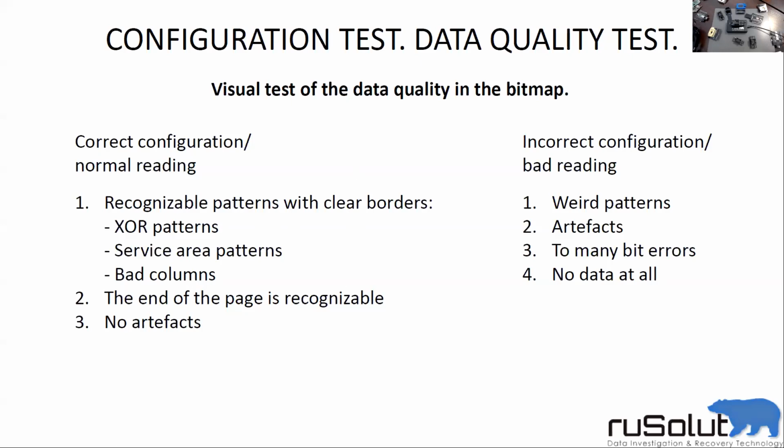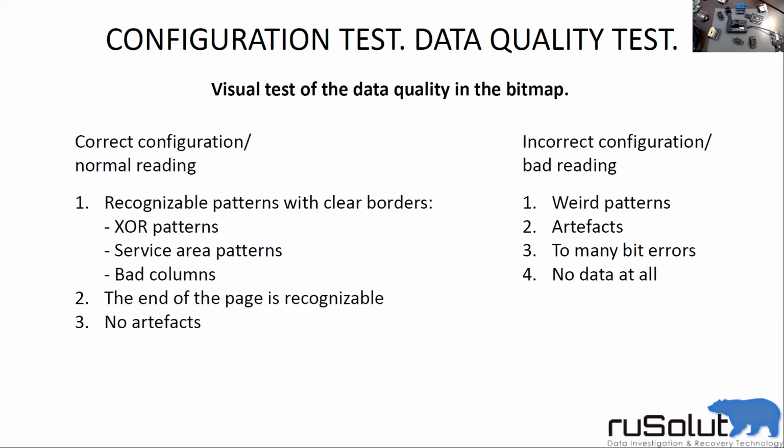If we find some data and then scroll the page horizontally, it's a good sign if we can recognize the end of the page. That means that we can read the whole page, and most probably the data will be good. And also we should pay attention to artifacts.